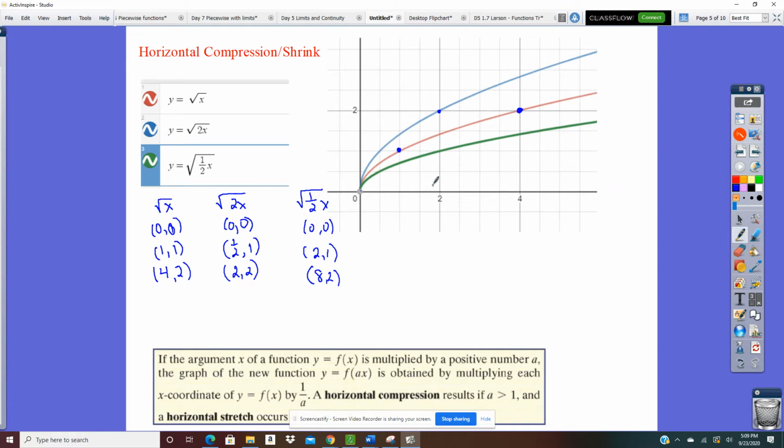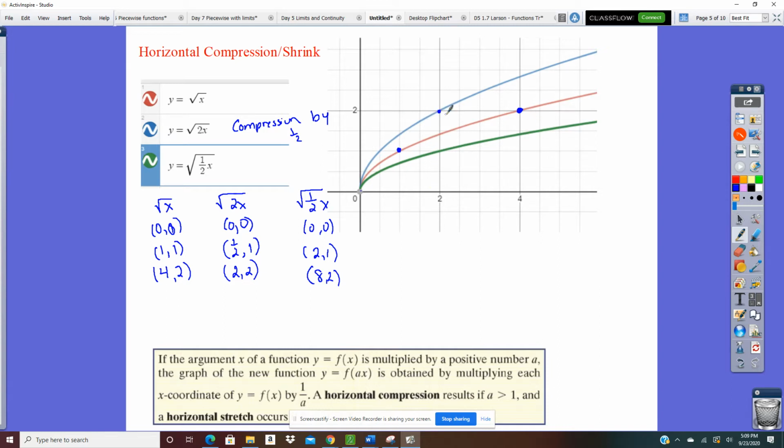So what's happening here is this is actually called a horizontal compression. And the factor is 1/2. So what does that mean? Normally I am at (4, 2), but to get to my y value of 2, I'm only going to go (2, 2).